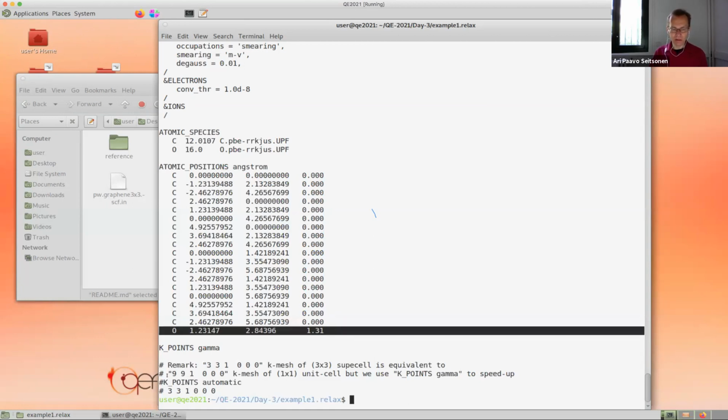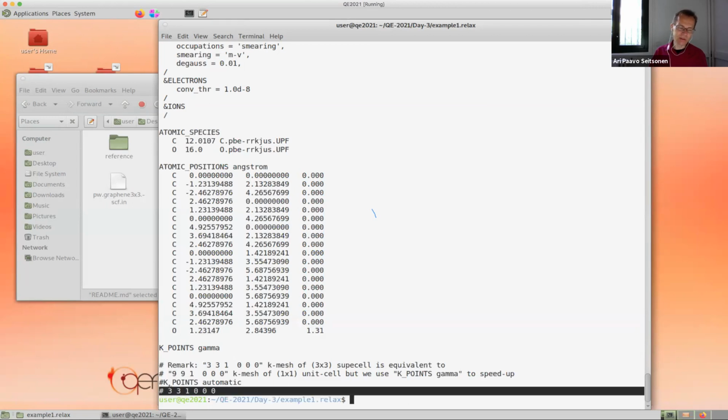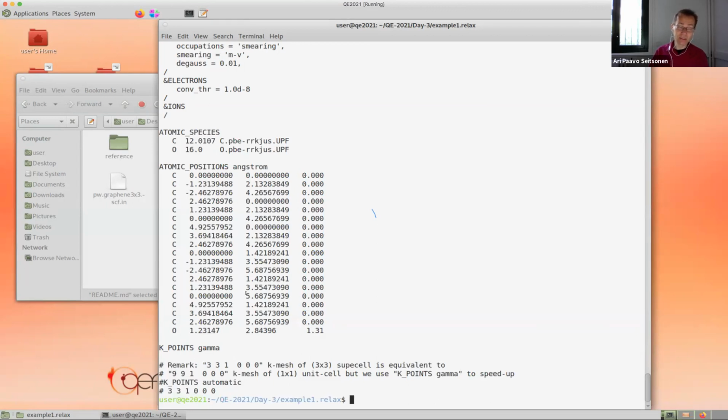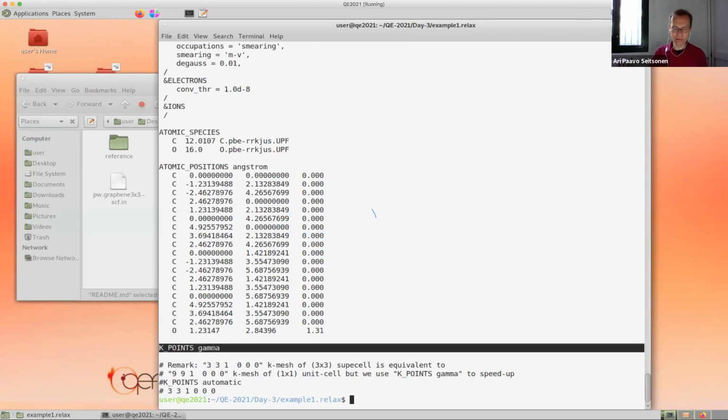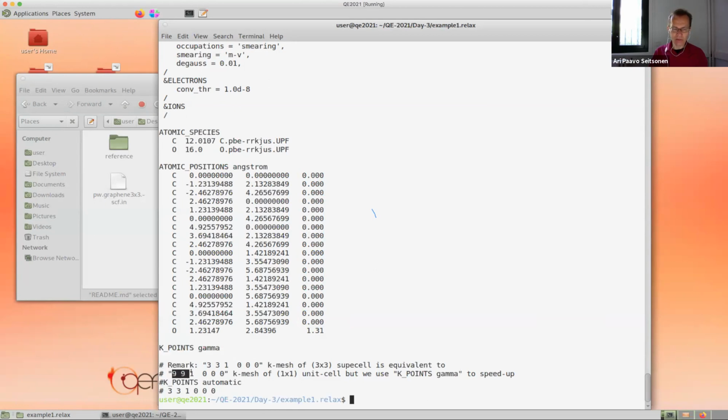Now there's this remark: we should actually use 3x3x3, but it's a bit too slow on the virtual machine. So we cheat a bit and we use the gamma point only. It's certainly not enough. Yesterday you saw we used 9x9x1 in the case of graphene.